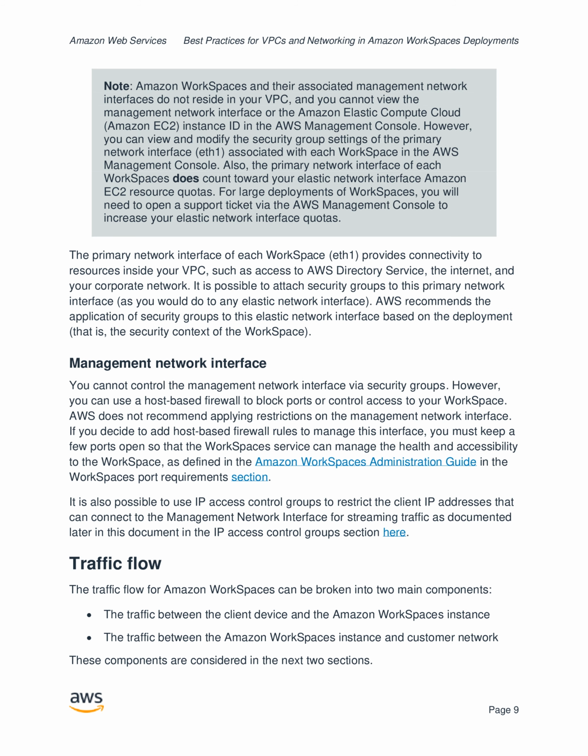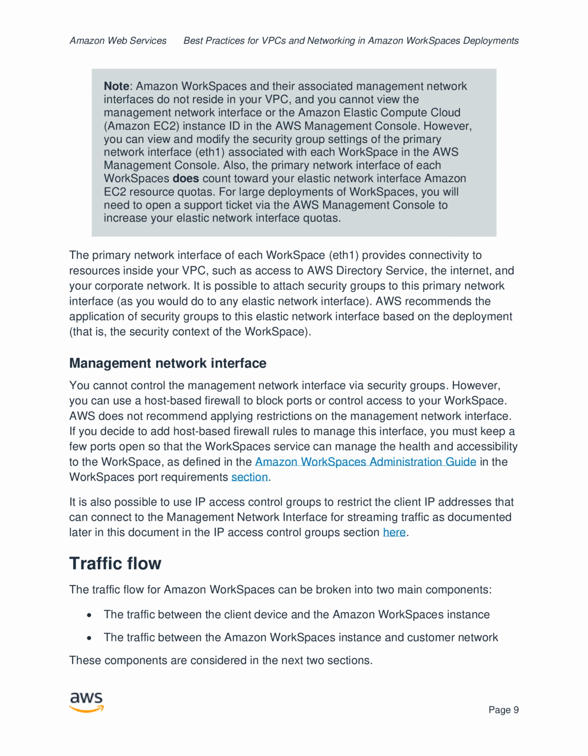Management Network Interface. You cannot control the management network interface via security groups. However, you can use a host-based firewall to block ports or control access to your workspace. AWS does not recommend applying restrictions on the management network interface.